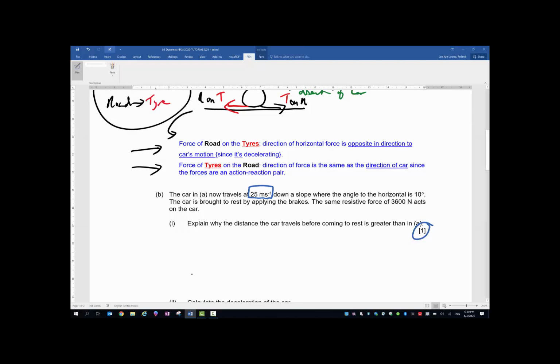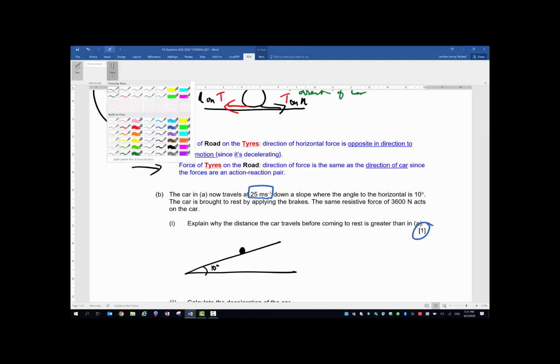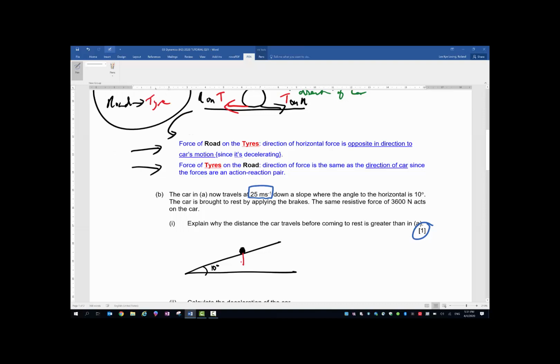Remember, a diagram paints 100 words. So let's draw the diagram. Although this is more than 10 degrees, but never mind, we just draw it out. So this is the same car, and the force acting on it is mg, and there is a resistive force of 3,600 newtons.